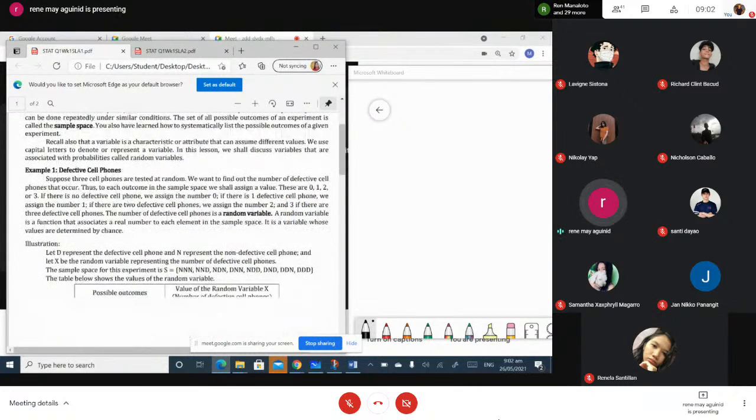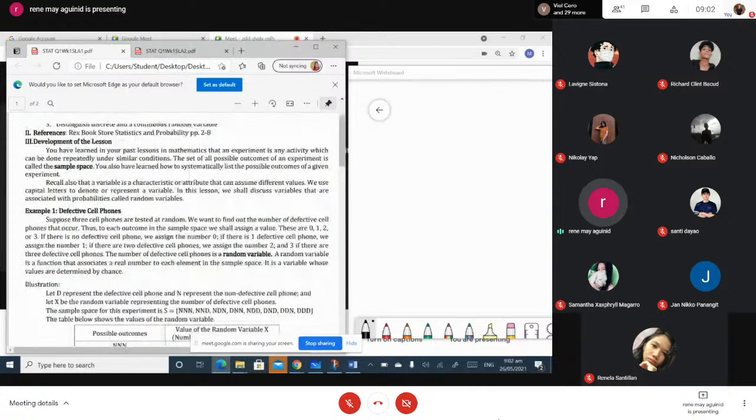So let's first discuss what a sample space is. A sample space is the set of all possible outcomes of an experiment. You are going to systematically list all the possible outcomes of a given experiment.